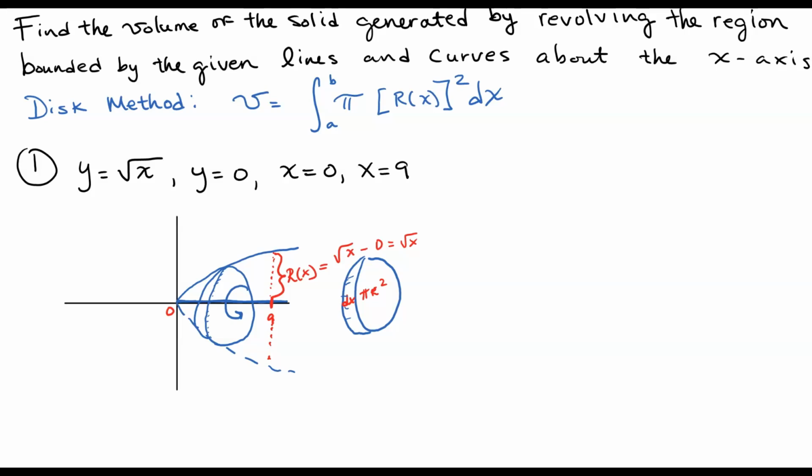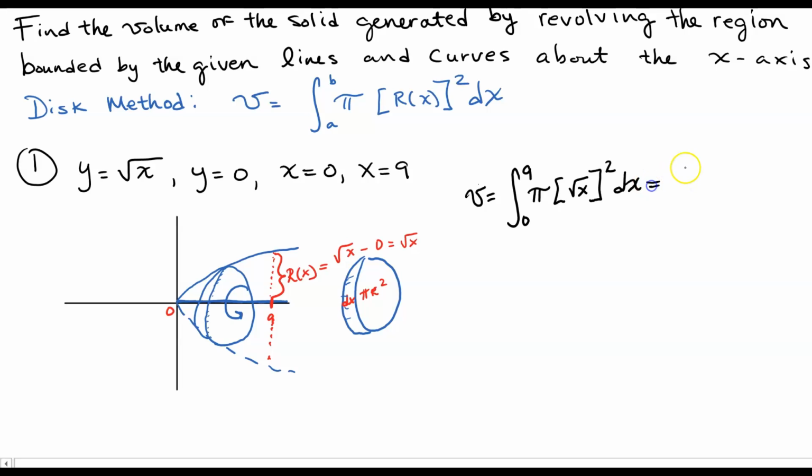So very simply, we're going to integrate this function to find the volume, from 0 to 9. Of course, we have pi. Our R of x function is the square root of x minus 0, which we're just going to leave as square root of x and square it, then multiply by the thickness dx.